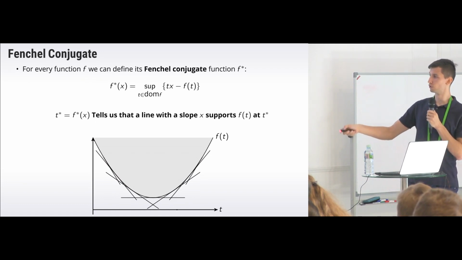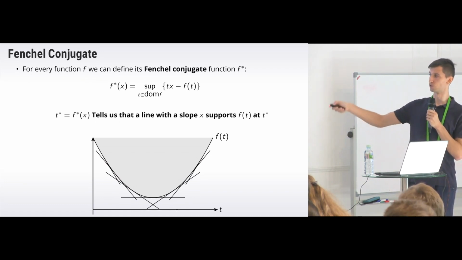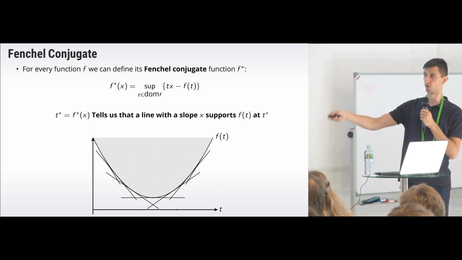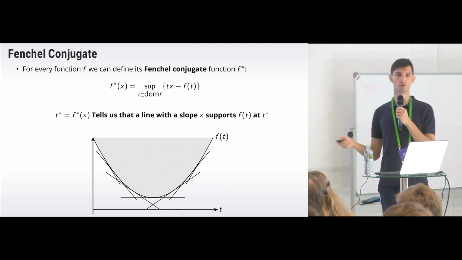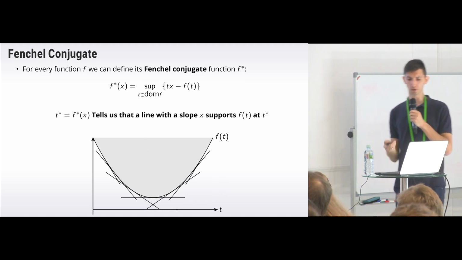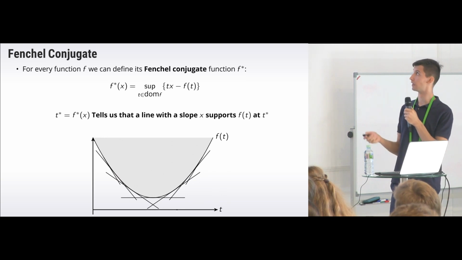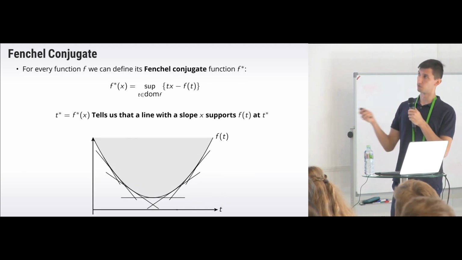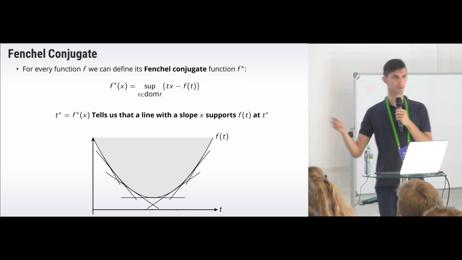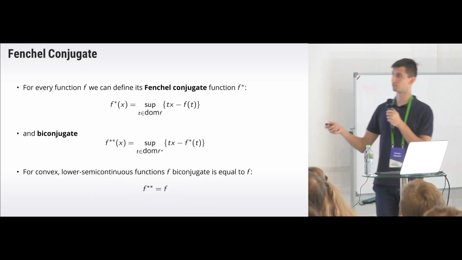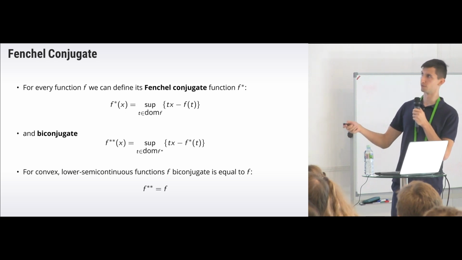If for each point you know the slope of a hyperplane that supports our function, then using this information you can recover the whole function. It's not true for non-convex functions, but that is basically the main case. So this was a bit of intuition. We will not actually use this intuition at all, probably just in other random facts.